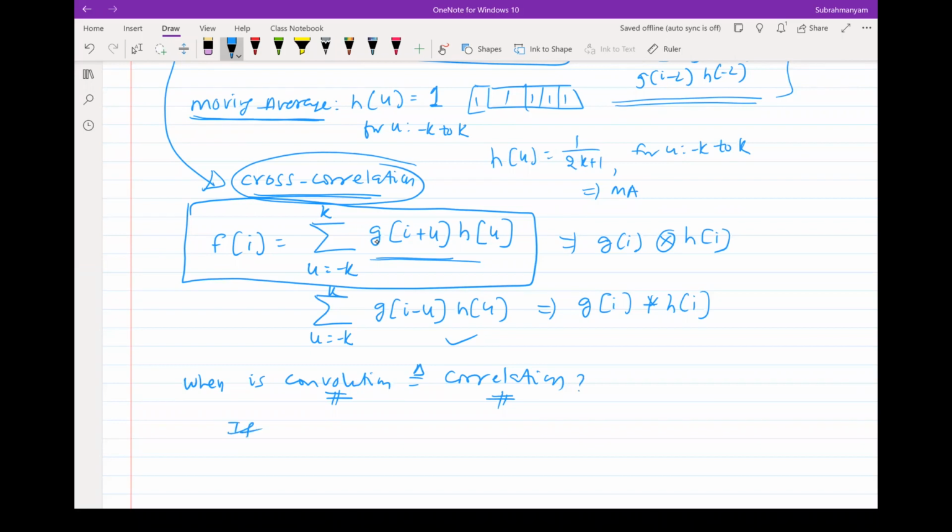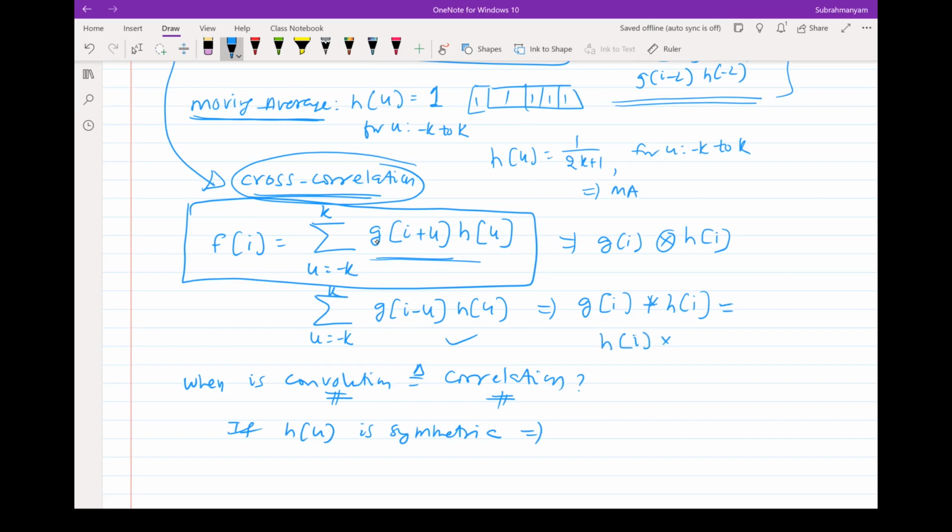If your h of u is symmetric, then what would happen? See, I don't have to derive this property for you now, you already know it.